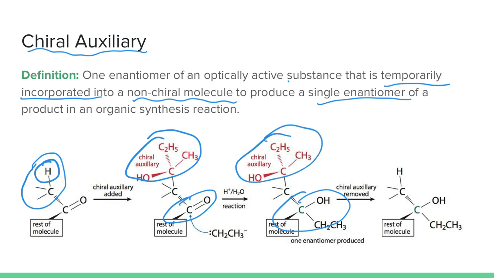And then we can remove this chiral auxiliary to regenerate just the hydrogen there. So it's essentially something we add on in the synthesis process to lock the molecule into one particular shape or conformation so that we can get the enantiomer that we want, and then we can remove it to restore the molecule in the synthesis pathway.